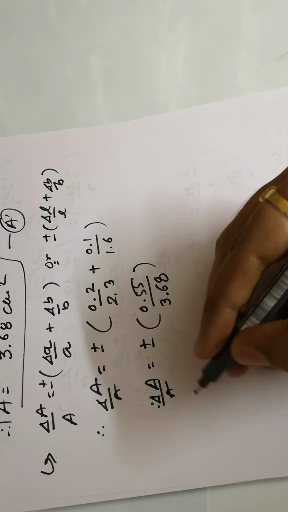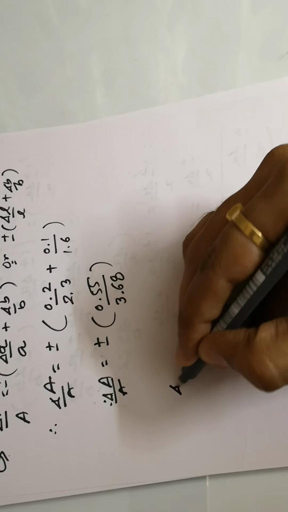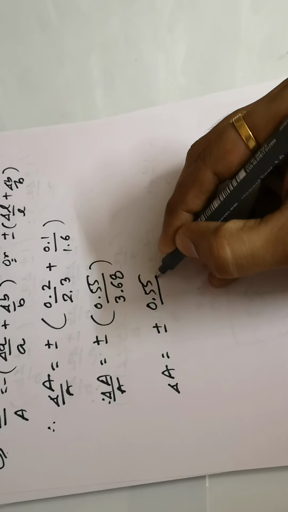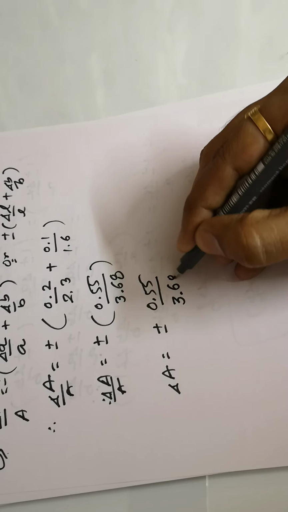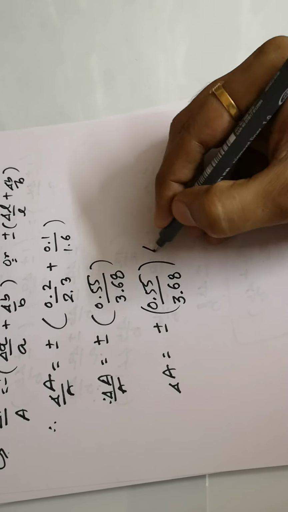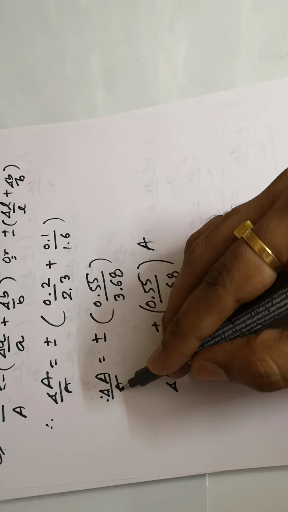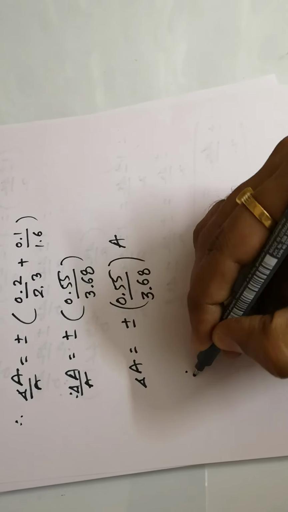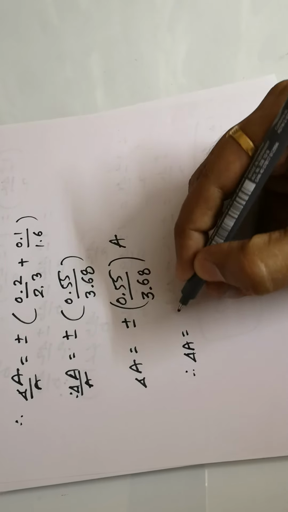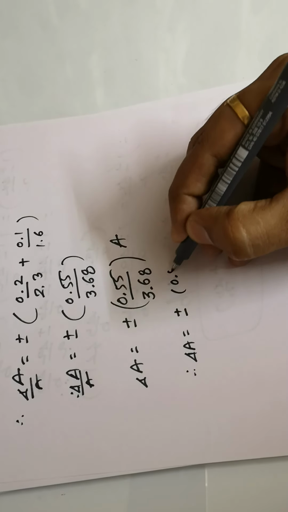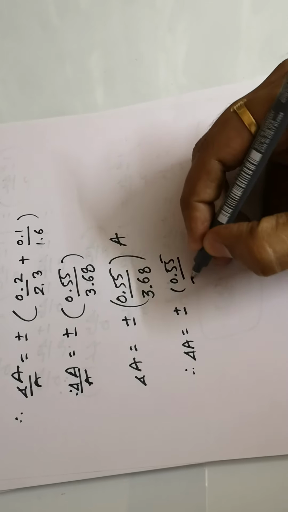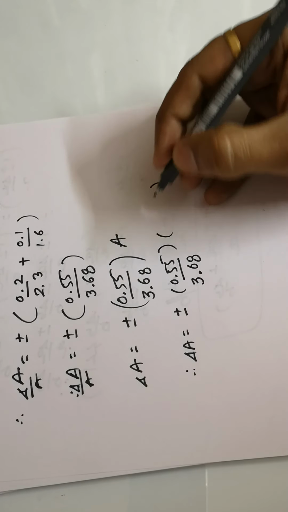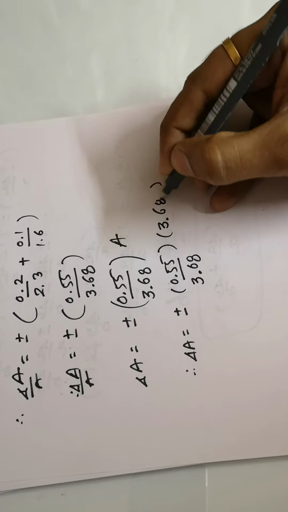But I want to find delta A. So delta A equals plus or minus 0.55 divided by 3.68 multiplied by A, because I have taken that A from the cross multiplication. So delta A equals plus or minus 0.55 divided by 3.68, again multiplied by A, which is 3.68.